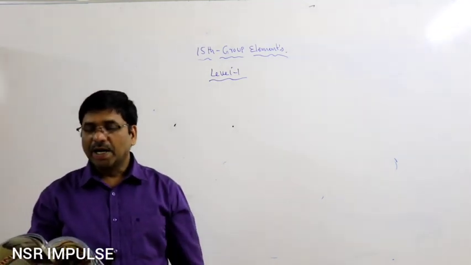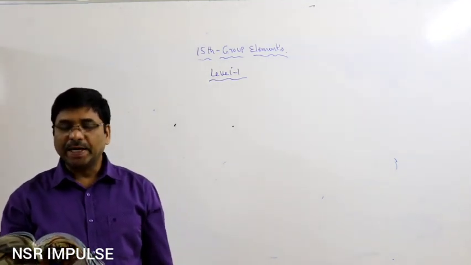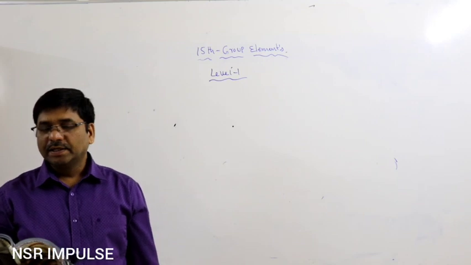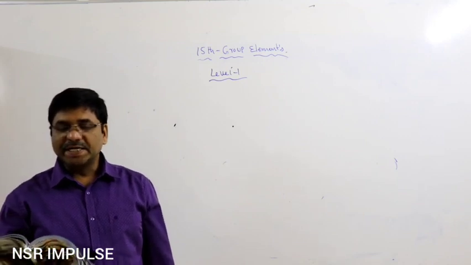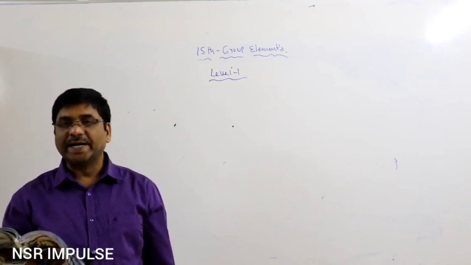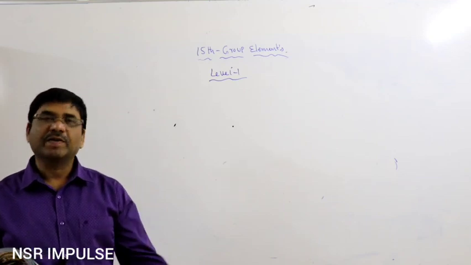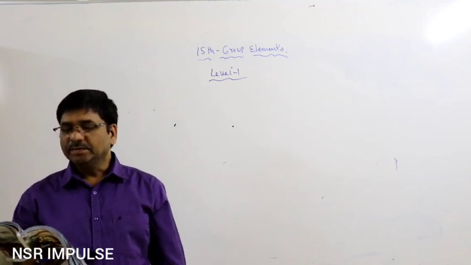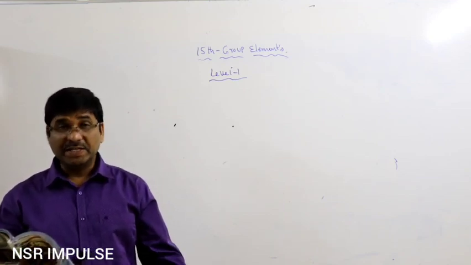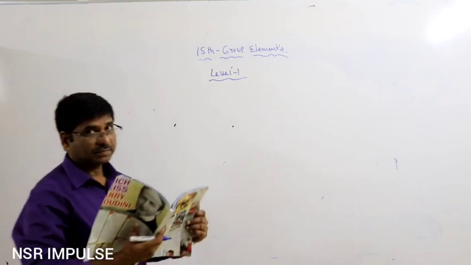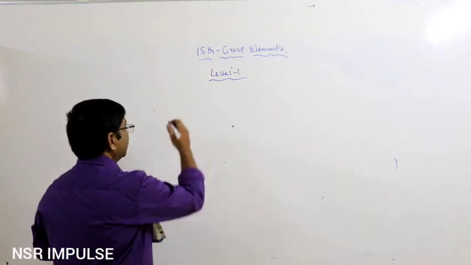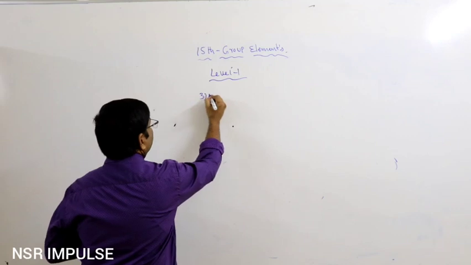Ammonia and air are the starting materials for the manufacture of nitric acid in. You know that ammonia and air, where is it used? Ostwald process.